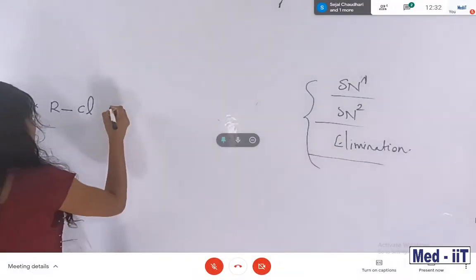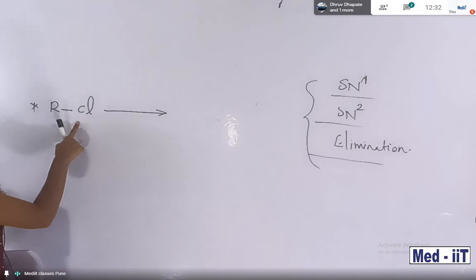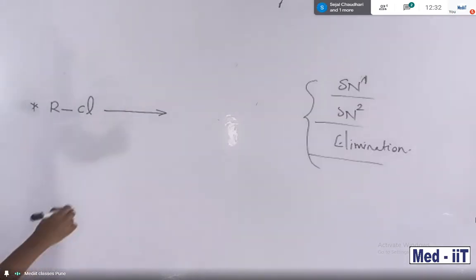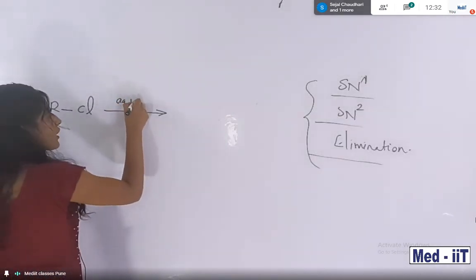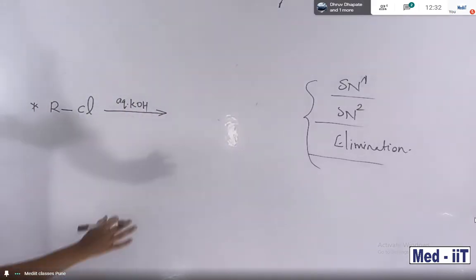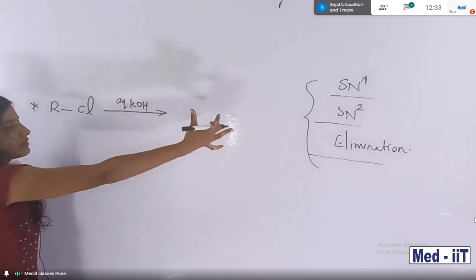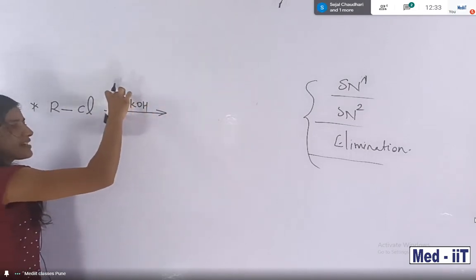So RCl, this alkyl chloride, in the presence of aqueous KOH. Aqueous KOH means what, students? Potassium hydroxide in water itself, no other reagent. Aqueous means water.